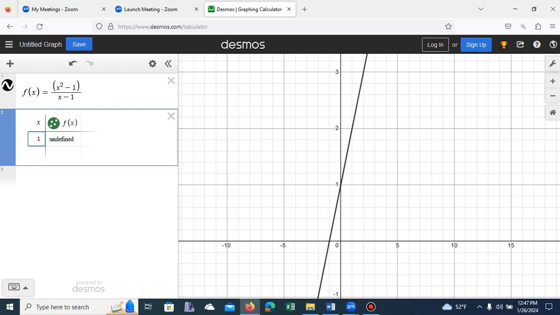So even though it looks in the graph like it goes right through it, it's really a hole there.